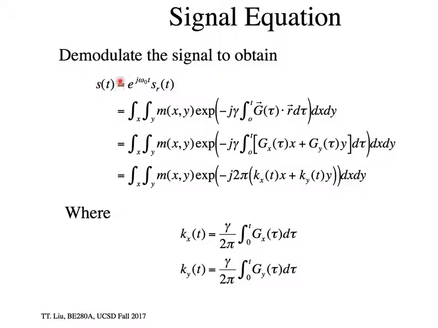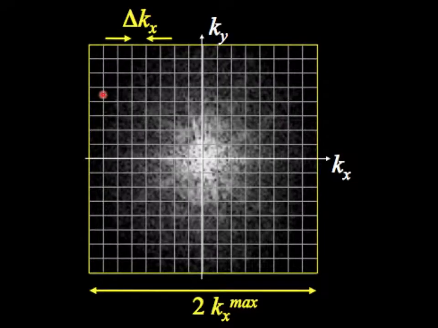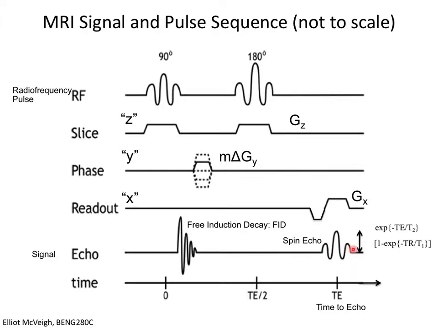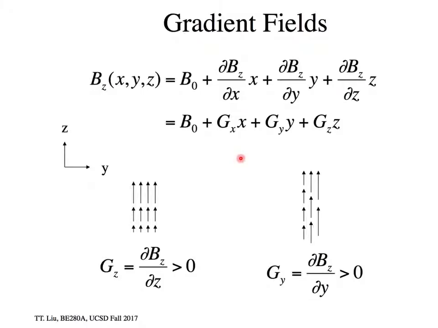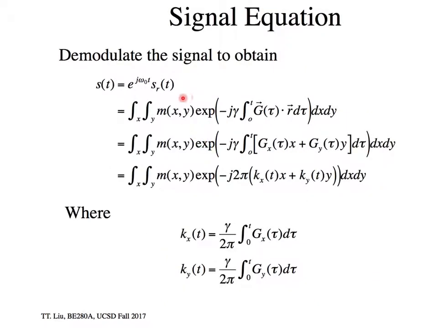When we sample one of these, let's go back, one of these data samples here. As I go along here, this is S of t, the amplitude of my voltage as a function of time for each sample at this point, and I'm asking, what is the relationship of that sample function to the gradients and to the object? So here's the object.